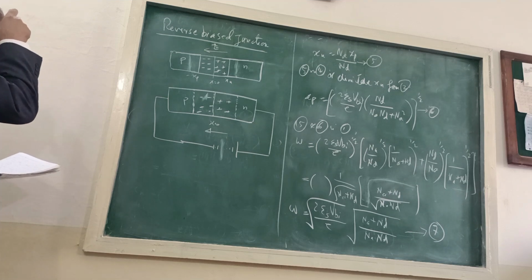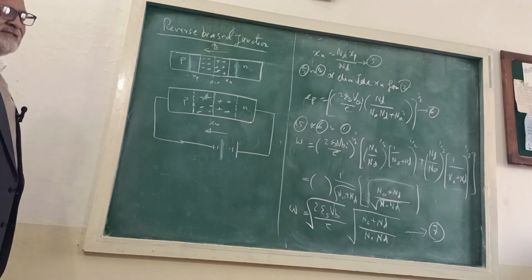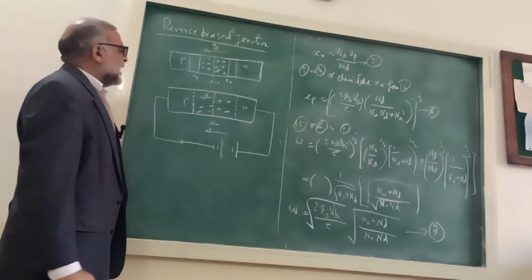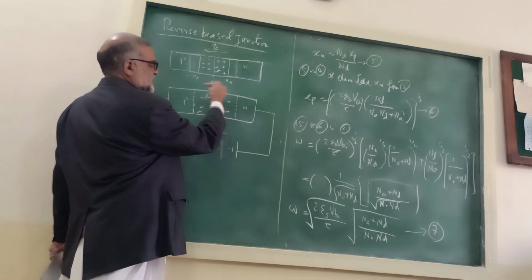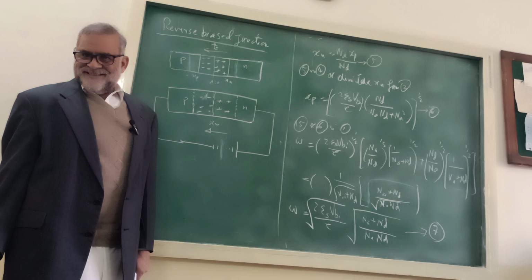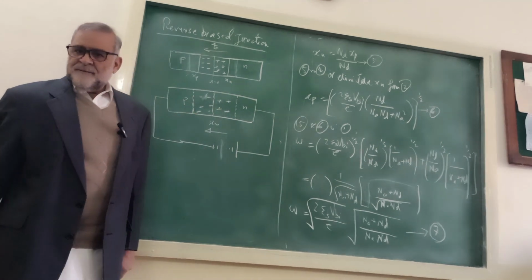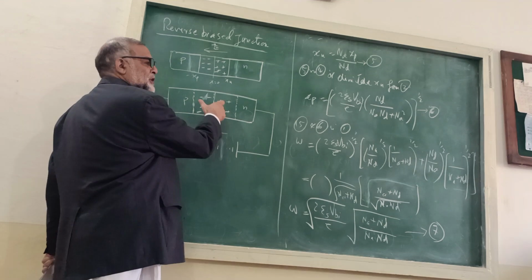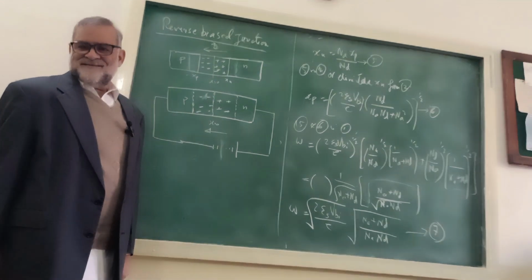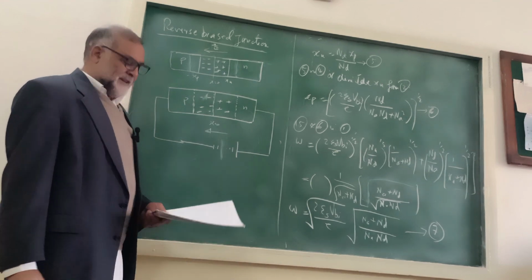Now we will think that it is more difficult for an electron to cross the barrier, because the opposing electric field is higher, because the potential is now more.